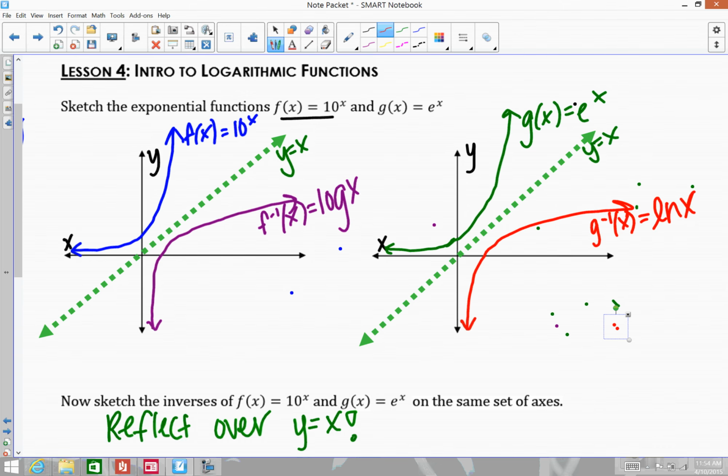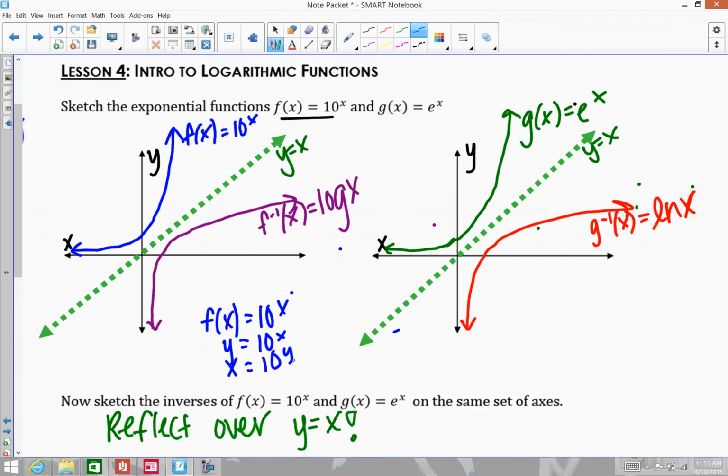If you remember algebraically, to find inverses, what we do is switch the x's and y's and then solve for y. If I set f of x equal to y, and then switch x's and y's, and need to solve for y, there's no way that you can do that.